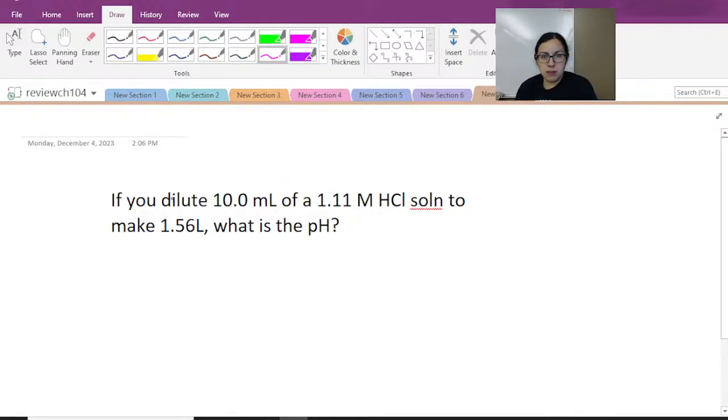How are we doing on this problem? So what was the first step?